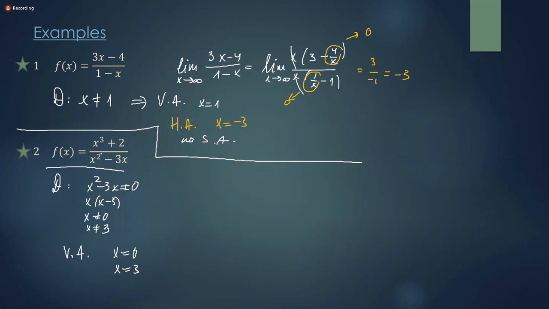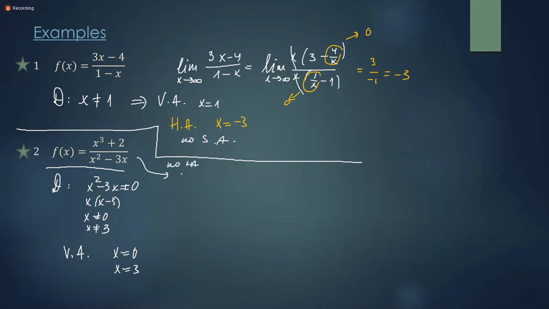The limit will not be a number. Whether a slant asymptote exists, that's still a question. But because the exponent 3 is greater than exponent 2, this tells me that there's no horizontal asymptote.